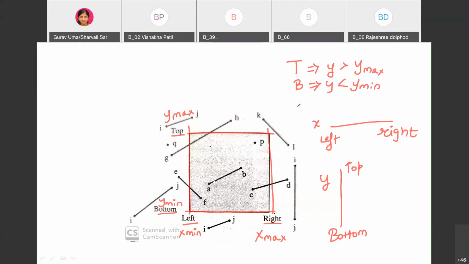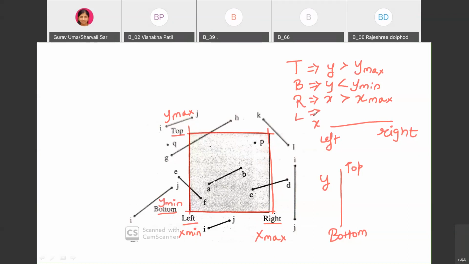Similarly, the right side will be called when x is greater than x max. Similarly, the left side will be called when x is less than x min. So to repeat, top is called when y is greater than y max.